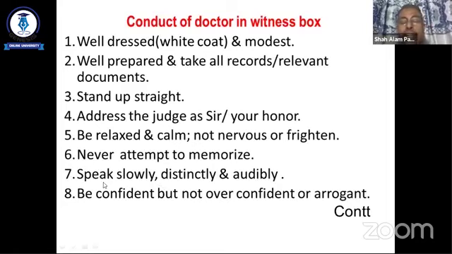This is also important because if you do not speak audibly, the defense lawyer will make some noise asking you to speak audibly. Be confident but not overconfident or arrogant.